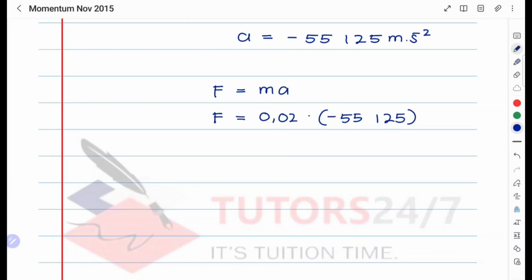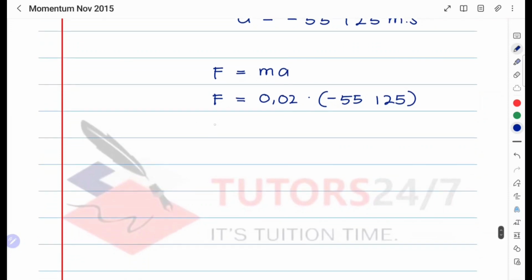We can put that into our calculator, and we therefore have our force as equal to 1,102.5 newtons.